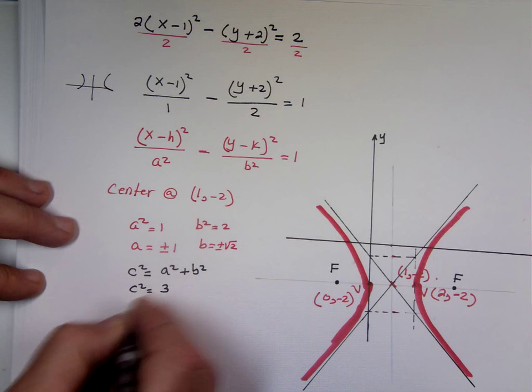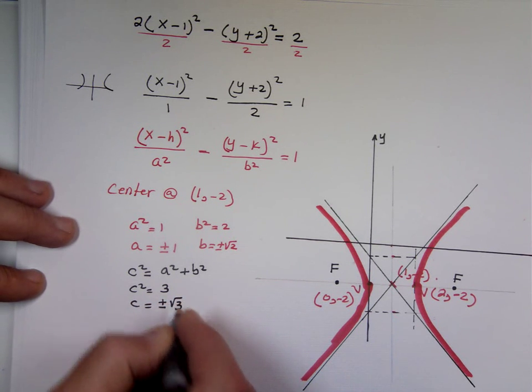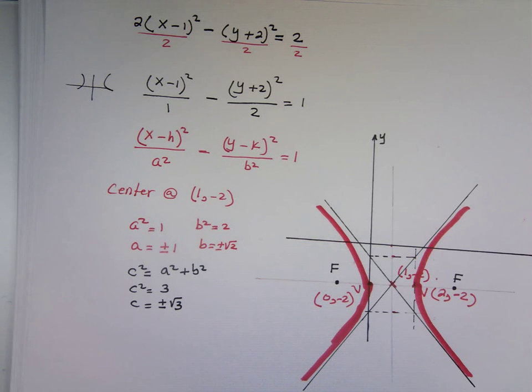C equals plus or minus the square root of 3. When we say plus or minus the square root of 3, that's from the center, from this point. I'll wait till you finish writing. So it's plus or minus the square root of 3 from this one.